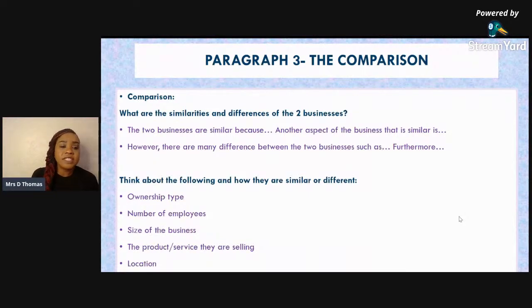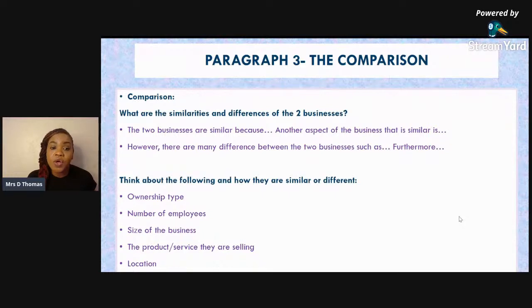So you might say they are a micro business because they have 5 people working for them, in comparison to, or similarly to, the other company who has 5 employees as well. See what I did there? So that's how you want to write it up.